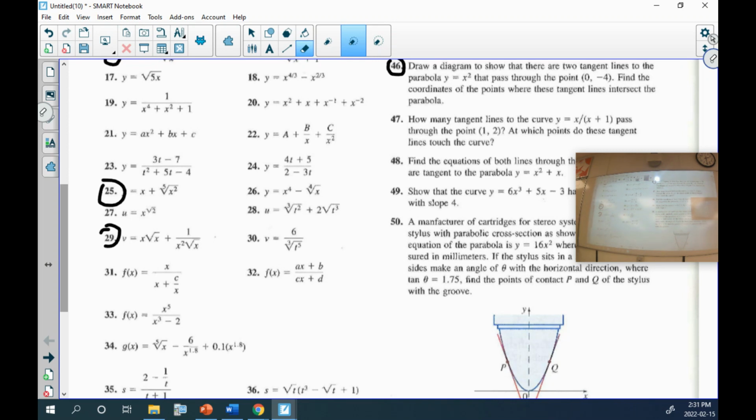And let's take a look at 29 here. What do you think you want to do to 29? What's x times square root x? What's another way of writing x times square root x? x to what power? What's square root x?